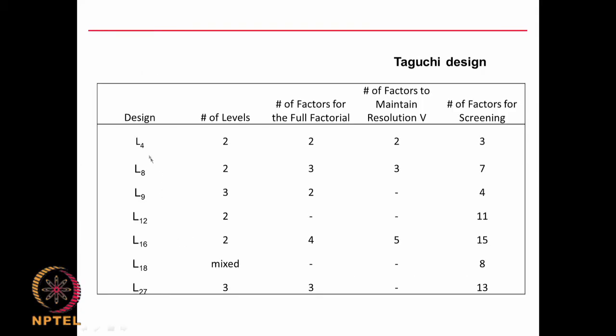If you look at the L4 table, 2 levels, I can do a full factorial design. If I maintain 2 factors, I can get a resolution 4, or I can go up to 3 factors for screening. If I am interested in doing screening work, I can take this table and look at 3 variables.